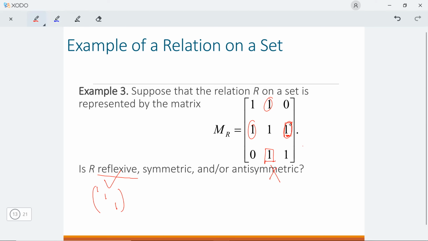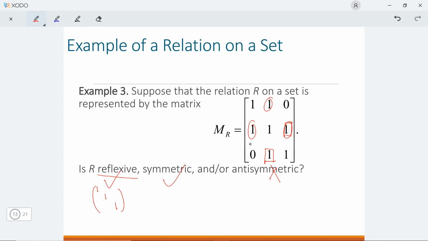So again, if an element in a position equals 1, the opposite position with respect to the diagonal is also 1. So we can claim this is symmetric, because in opposite positions with respect to the diagonal, they are always equal to 1 together. So this is a symmetric relation.